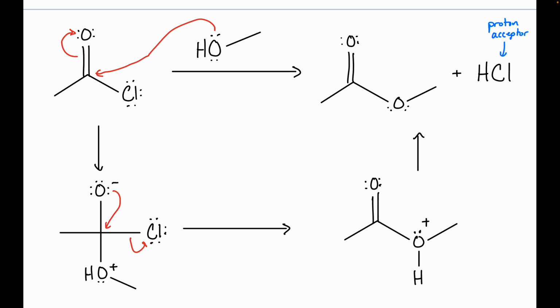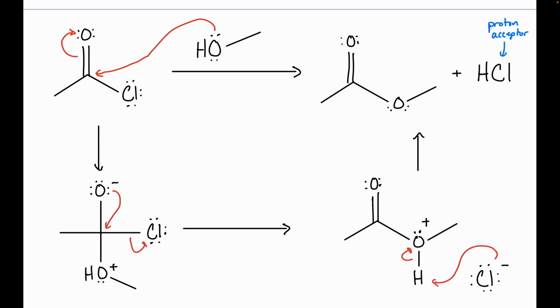Okay, so again, at the last step, in order to get our balanced chemical equation here, we're going to let that chloride ion play the role of our base, which is, again, a little iffy. Chloride's not a good base, but neither is methanol.